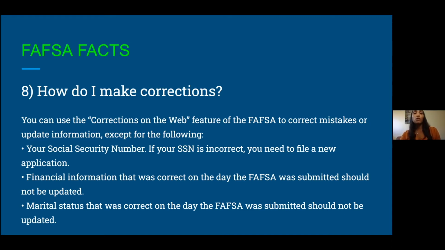So let's say you're married, which may be the case for some of the students on here. You cannot go back and unfortunately update that information. Okay, there's certain information, so it looks like your social security number and other information, maybe your name, minor information like that can be updated. But as far as your marital status, if you already submitted it, you cannot go back and make corrections on that.